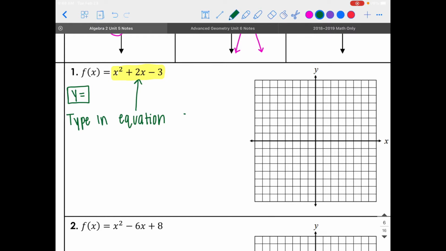For x, you're going to use the button that has the variables X, T, theta, n. Always use this button for x. So I'm going to type in x squared plus 2x minus 3.